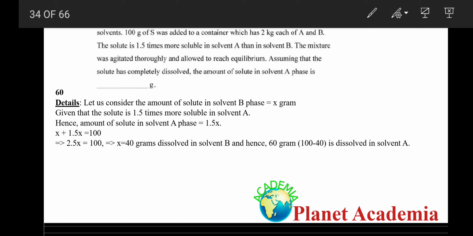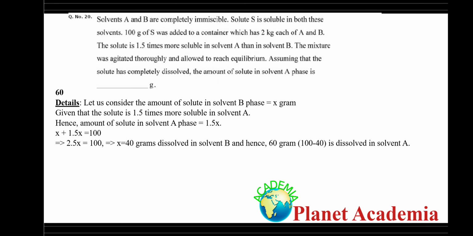Sorry, you're right. Solvent A and B are completely immiscible. Solute S is soluble in both these solvents. 100 gram of S was added to a container which has 2 kg of each, A and B. It is 2 kg.